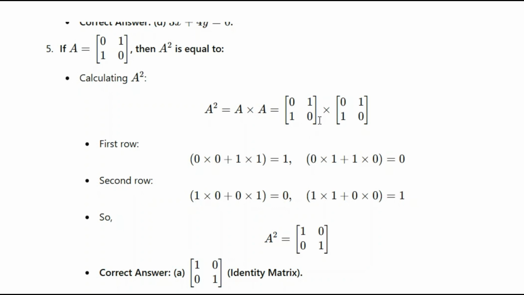Second row, first column is 1 into 0 plus 0 into 1. This is 0. Next is second row, second column. This is 1 into 1 plus 0 into 0. This is 1. So the matrix is 1, 0, 0, 1. 1, 0, 0, 1 is the required matrix.